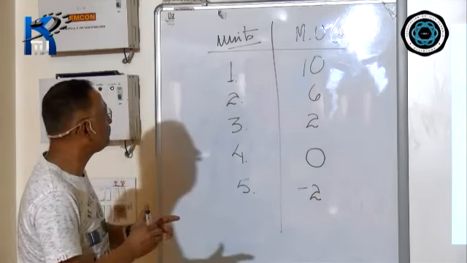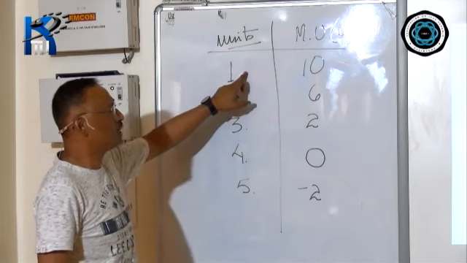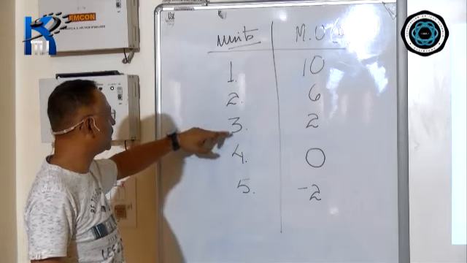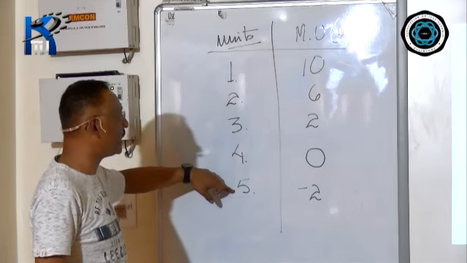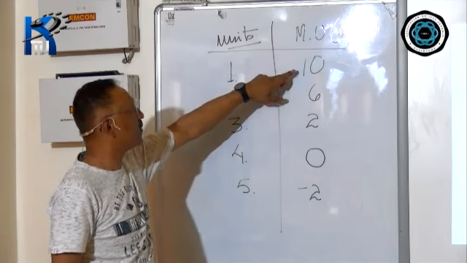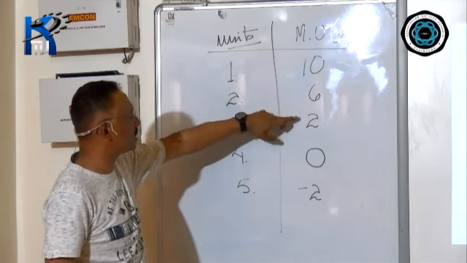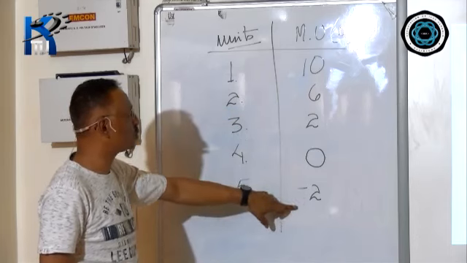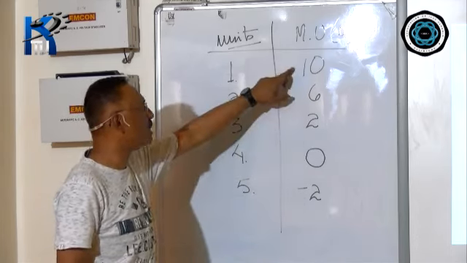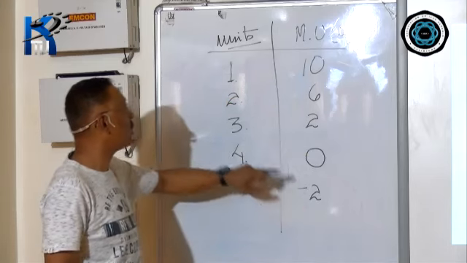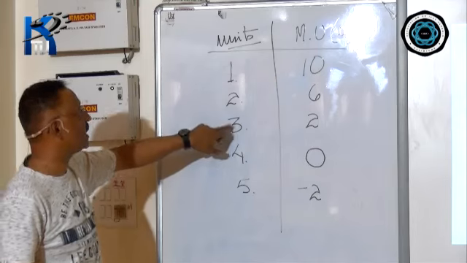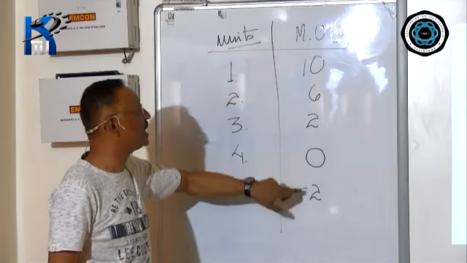If you see here, when you consume additional units, the first one, the second, the third, the fourth, the fifth slice of bread, the satisfaction that you get falls: 10, 6, 2, 0, minus 2. What is happening? Utility is decreasing. Marginal utility is decreasing means when you consume one more slice of bread, the utility derived will decrease.